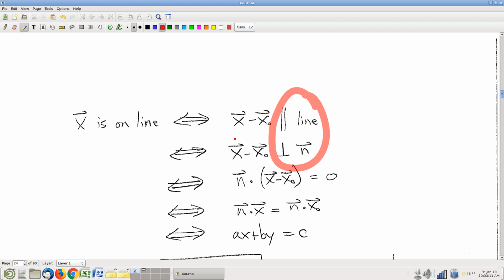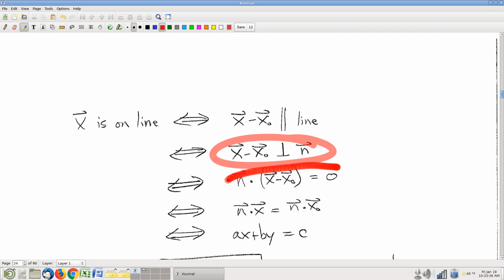Now, I hope everybody had a little instinctive, knee-jerk reaction there. Somebody said perpendicular. I hope you'll develop this reaction going forward, that when you hear the word perpendicular, the very first thing that should jump into your mind is, I know how to test that. Perpendicular means dot product is 0. Really nice tool. So, perpendicular to n means that dot product is 0.